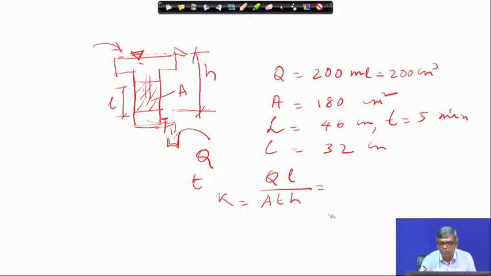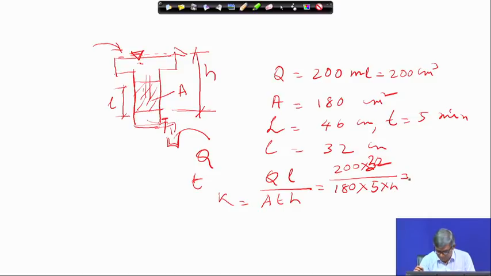So, if I substitute all of them, 200 multiplied by L equal to 32, divided by area 180 and T is 5 into H, which is 46.